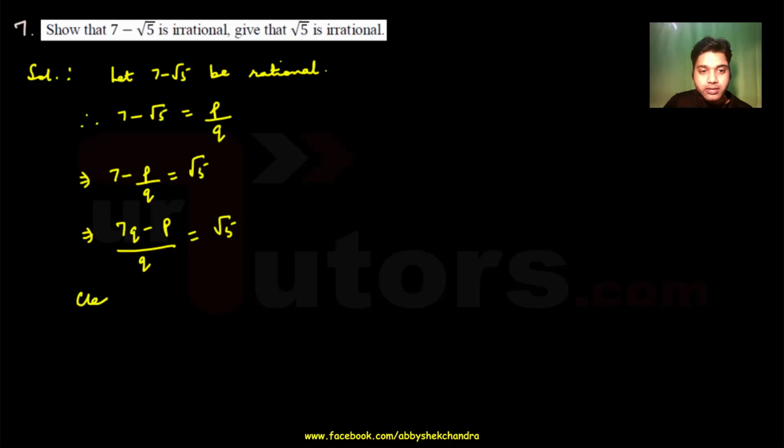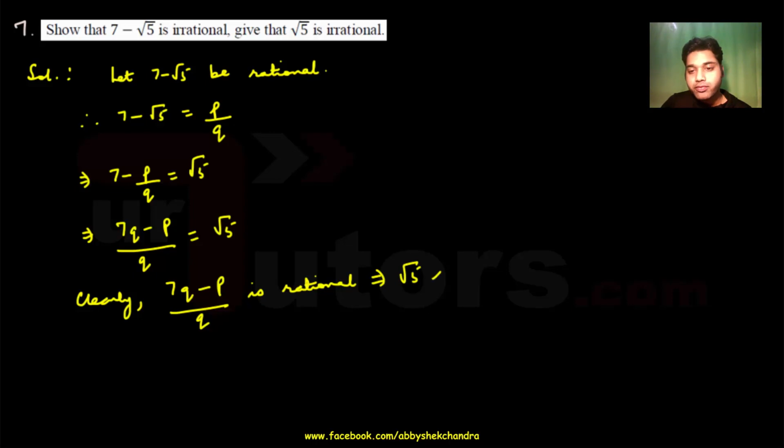Now clearly 7q minus p by q is rational, because p and q are co-prime numbers and q is not equal to 0. So 7q minus p by q is rational, which should imply that root 5 should be rational, because root 5 is equal to 7q minus p by q.